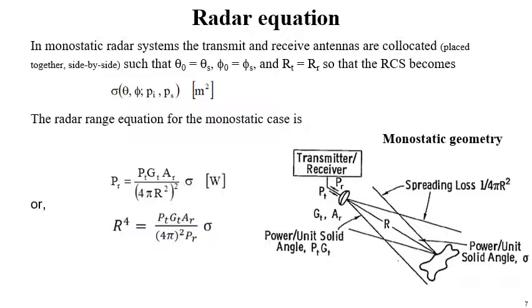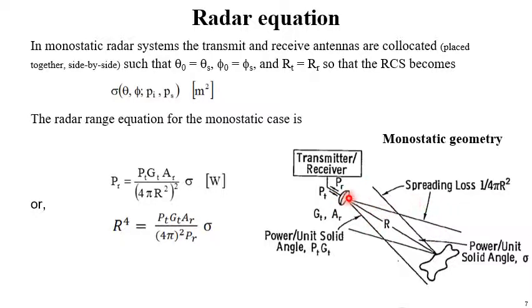Now we will come back to the monostatic system, where the transmitter and receiver antennas are co-located, so may be placed side by side, or the same antenna may be used. So under this condition, what happens? This is the geometry of monostatic radar. Transmitter and receiver are the same, and we are assuming the antenna is also the same.